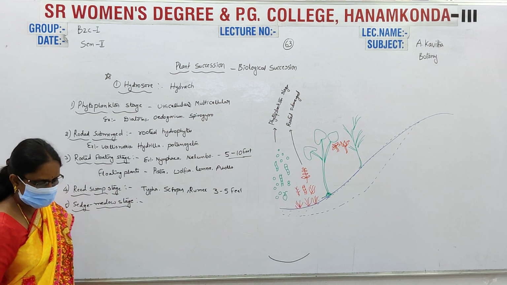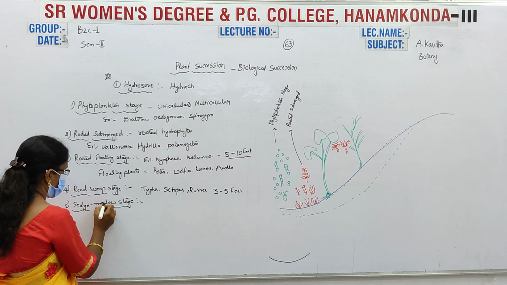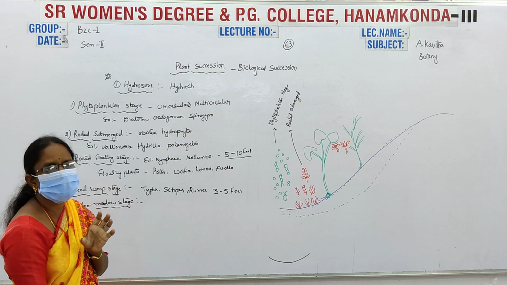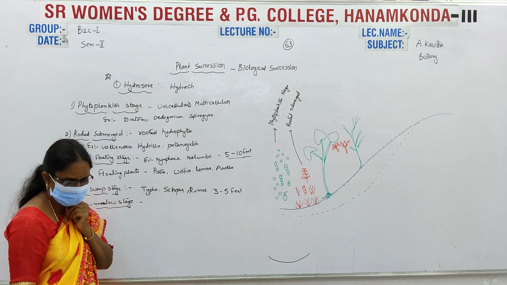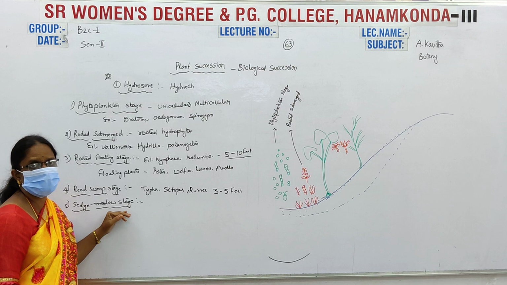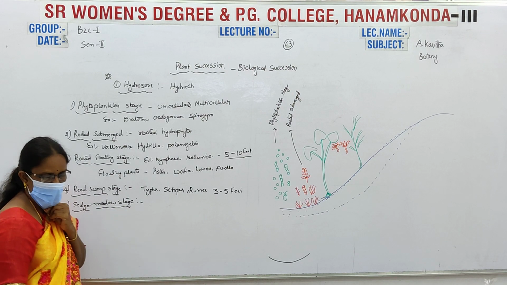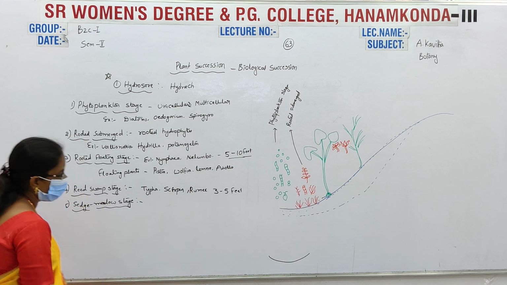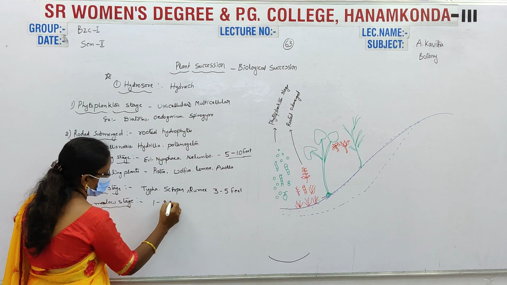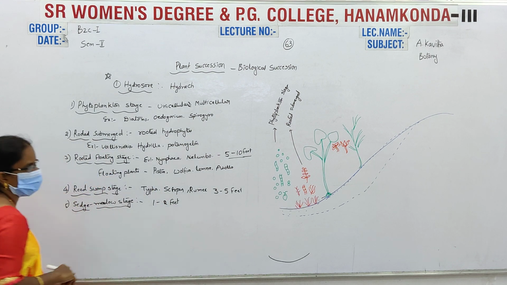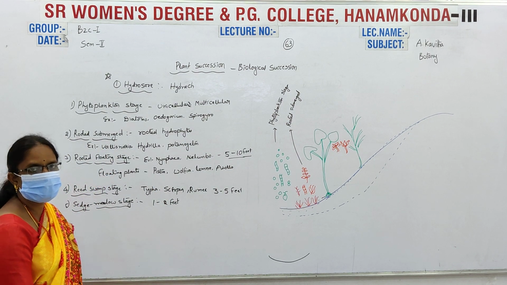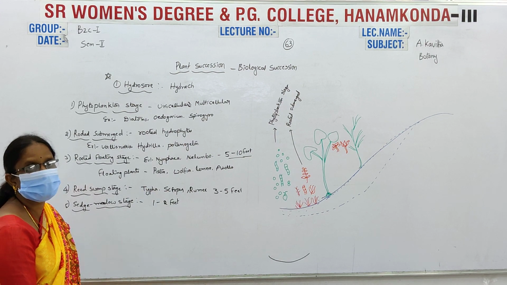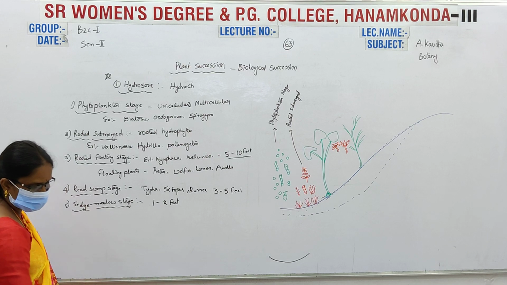In the sedge meadow stage, small herbs are also developed, and the plant depth is 1 to 2 feet. The depth slowly decreases completely.